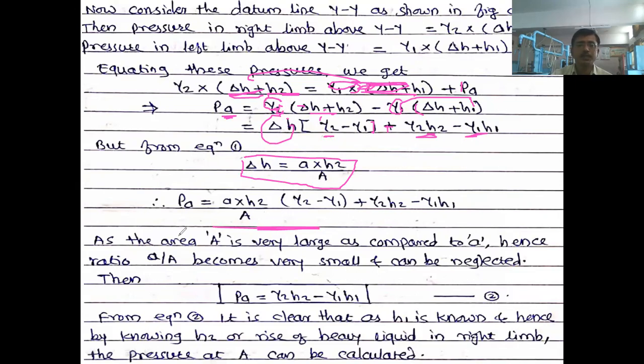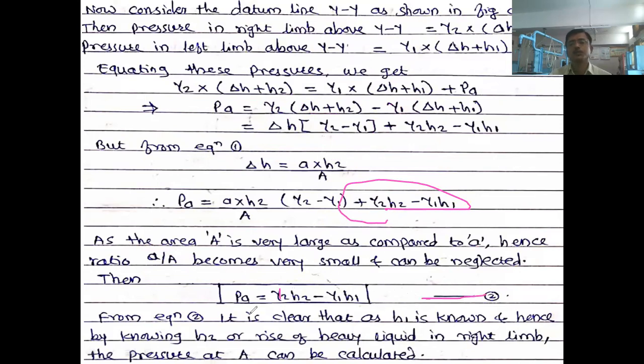As the area capital A is very large compared to the small a, the ratio small a by capital A becomes very small and it can be neglected. So this part of the equation we can neglect, and after neglecting we get PA is equal to gamma 2 H2 minus gamma 1 H1. So this is our equation.